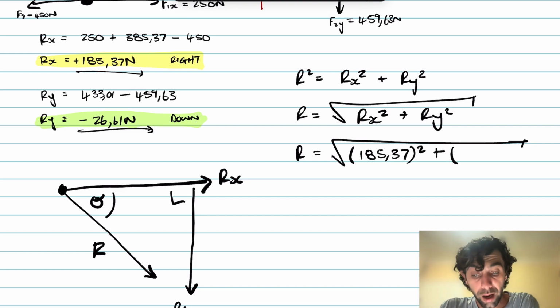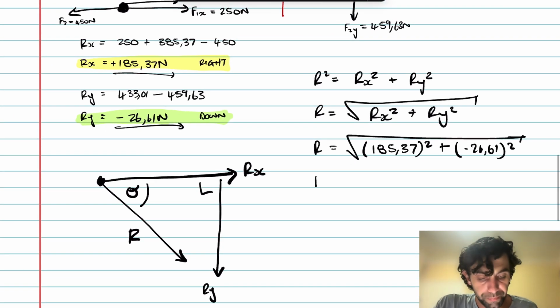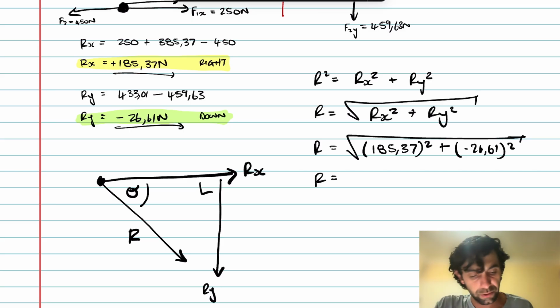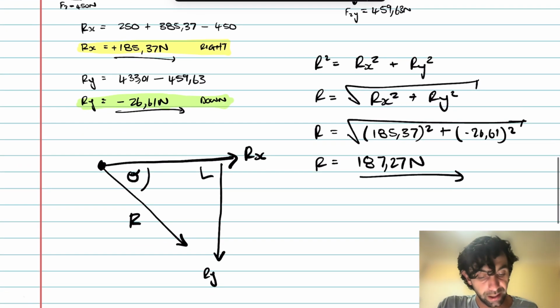And our Ry is 26,61. I mean, you can put the negative sign here if you really want to. Whenever we square a negative number, it's going to become positive, so it doesn't really matter. And we find that our resultant force is equal to 187,27 newtons.